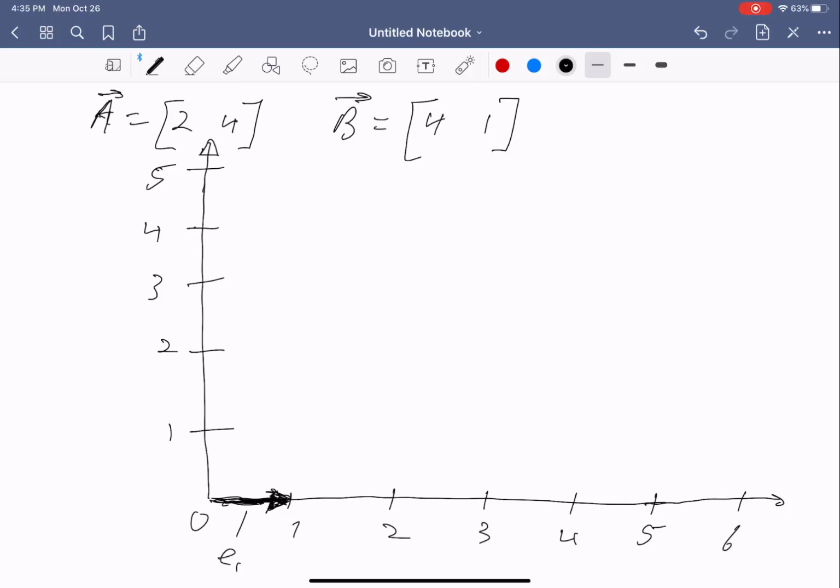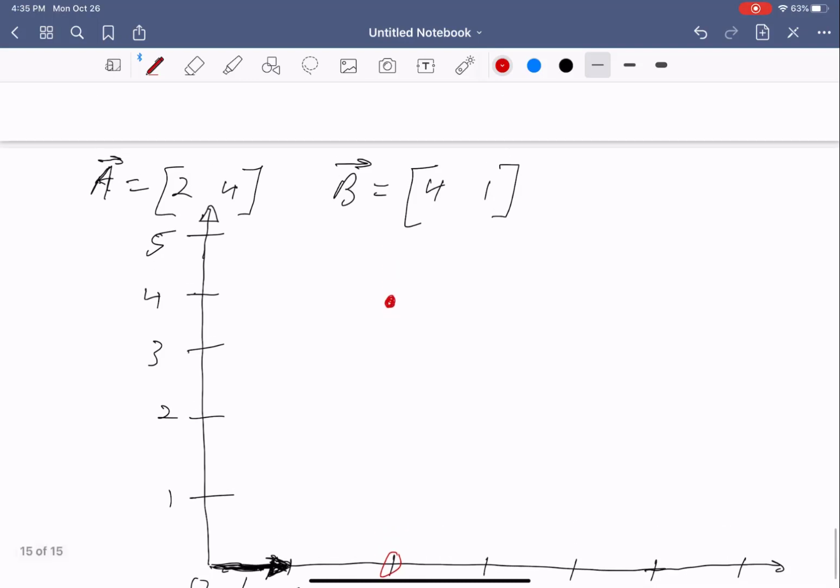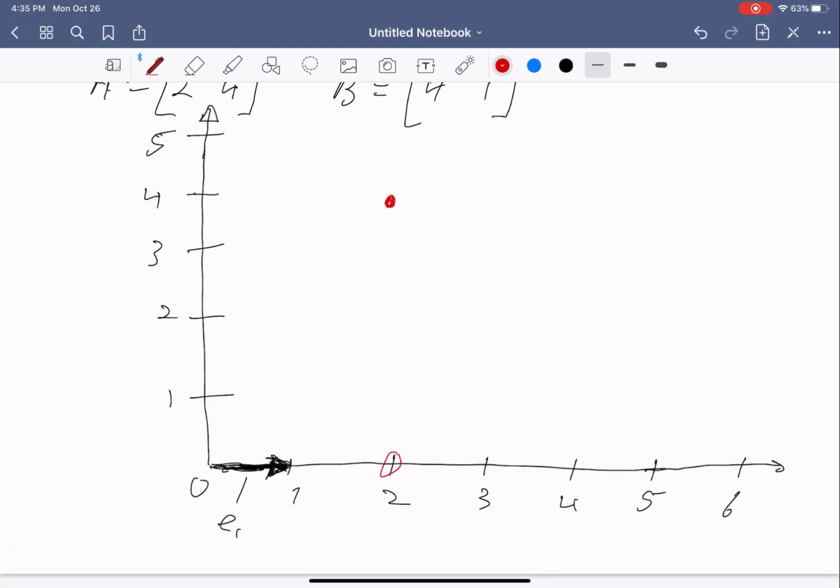So A is going to go out by 2, and I'm going to change to a red color for A. It's going to go to here and to 4. So we'll go up to 0.4 here. So this is the terminus of vector A. So we can put vector A like this. Okay, there we go, and that's the direction of vector A.